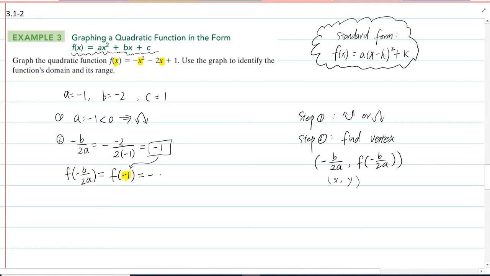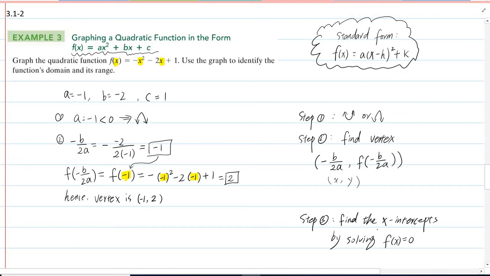So that would be negative (-1) squared, minus 2 times -1, then plus 1. That gives us +2. Take your time to do this. Hence our vertex is (-1, 2).